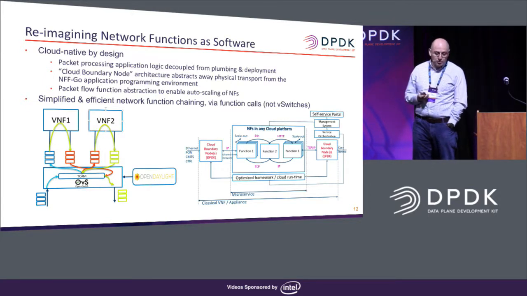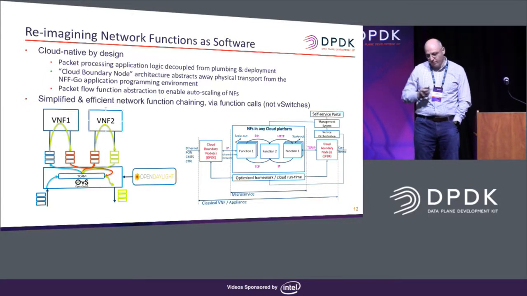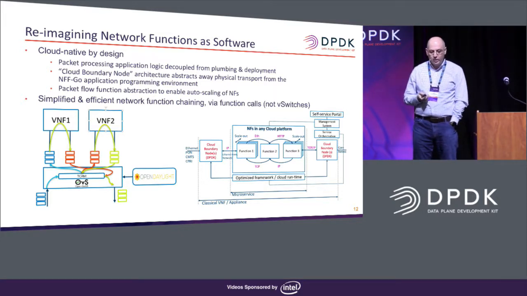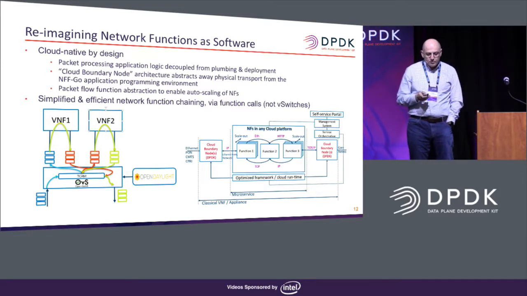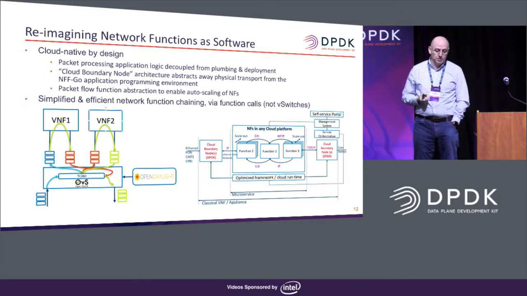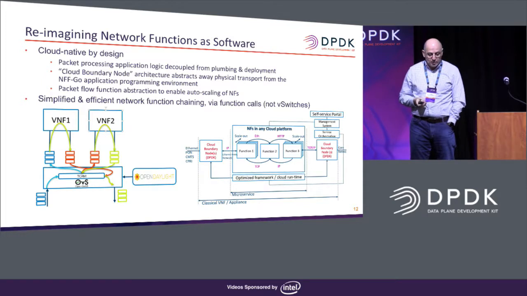And you can package your function using NFF-Go in any convenient way. It can be a virtual machine, a container, or just a bare metal application. So inherently, the most important part is that packet processing application logic is fully decoupled from deployment, and this eases the deployment part.